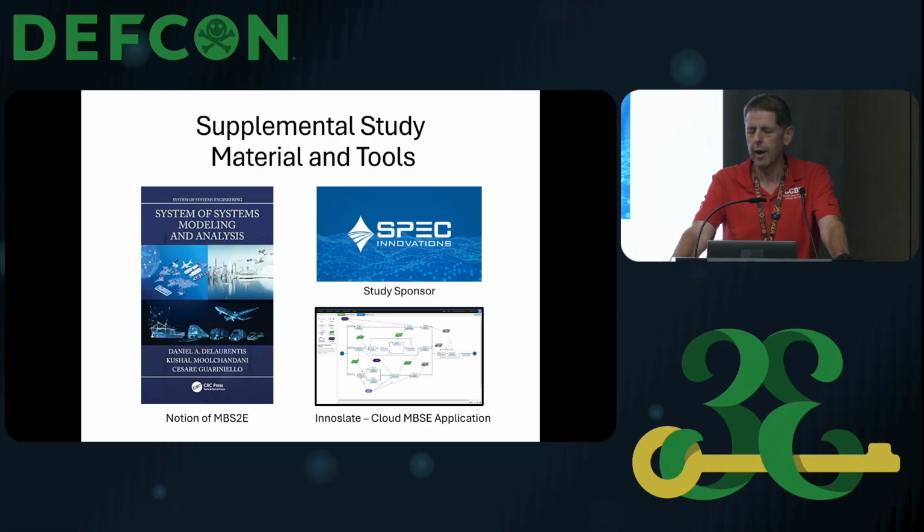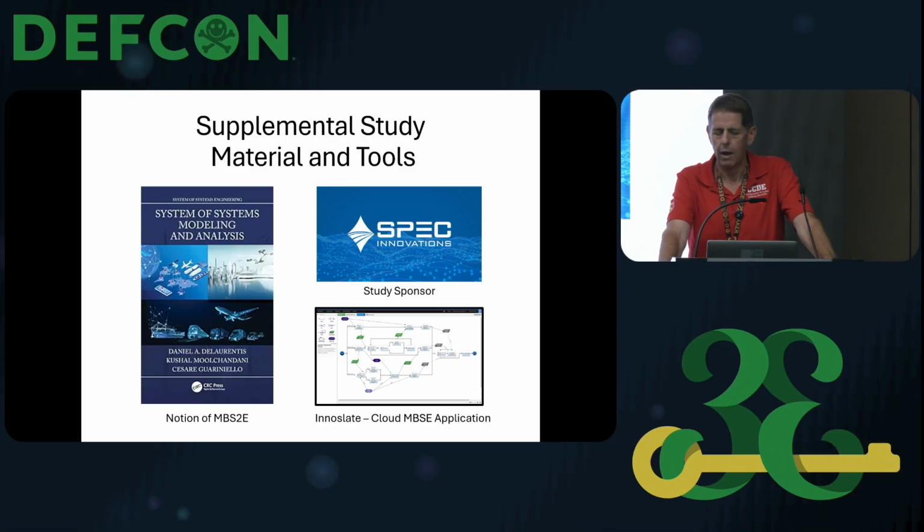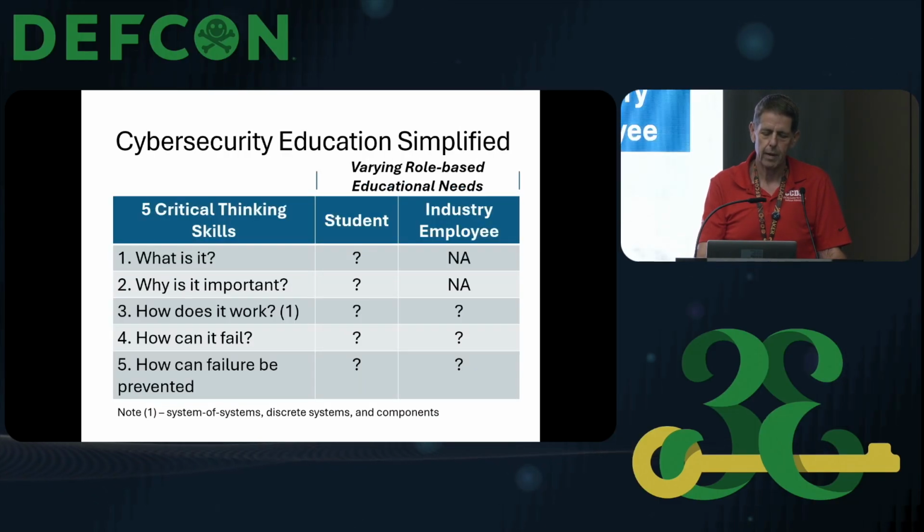So there's 3 guys out of Purdue University that wrote this book, and I highly recommend it for anybody that's interested in systems thinking and cybersecurity. And then a company called Spec Innovations out of Manassas, Virginia. They're a study sponsor. They've provided me with model-based system engineering tools for use in the study.